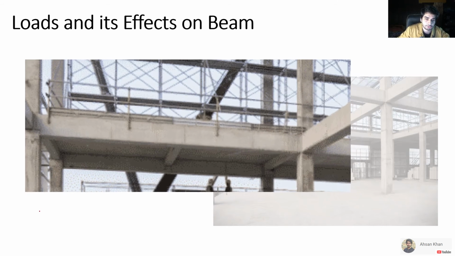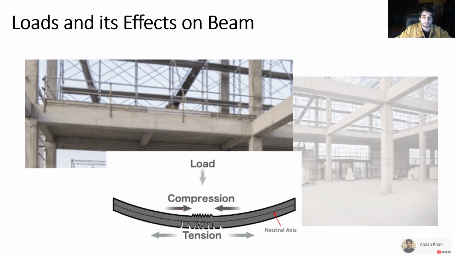If I show you this image here, this is how that bending is going to look. This is the member that you can see, and under immense load, that beam at the top is going to fail like this. It will have compression at the top and tension at the bottom, and it will have cracks at the bottom, and it will fail.